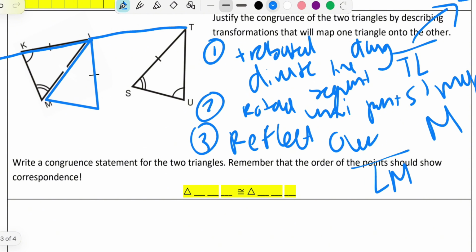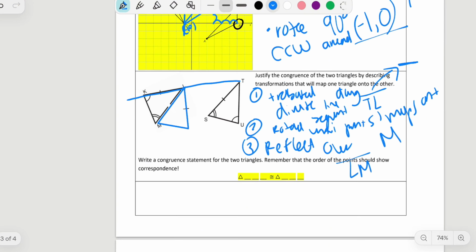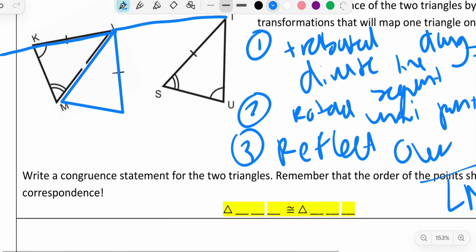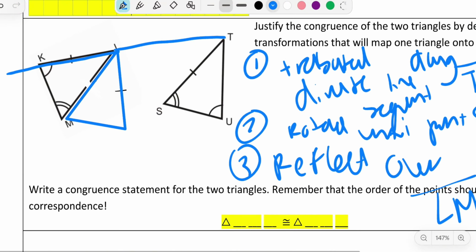Now that we have that done, it's time for us to write a congruency statement, but lucky for us, we went over that earlier. The funny thing with congruency statements is that as long as the angles correspond to one another in the same order, you're fine.